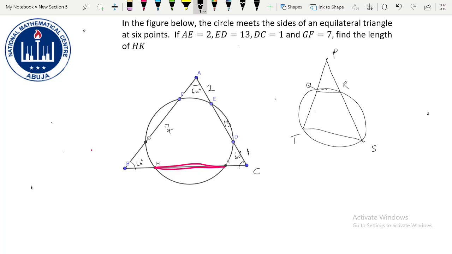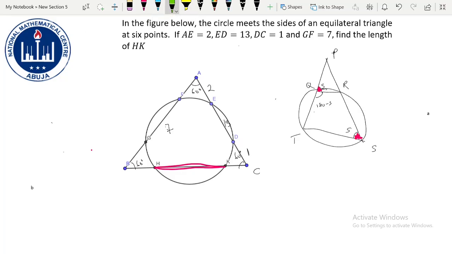We know that QRST is a cyclic quadrilateral, right? So if this is angle S, this is 180 minus S, and this is also angle S, so this and this are equal.